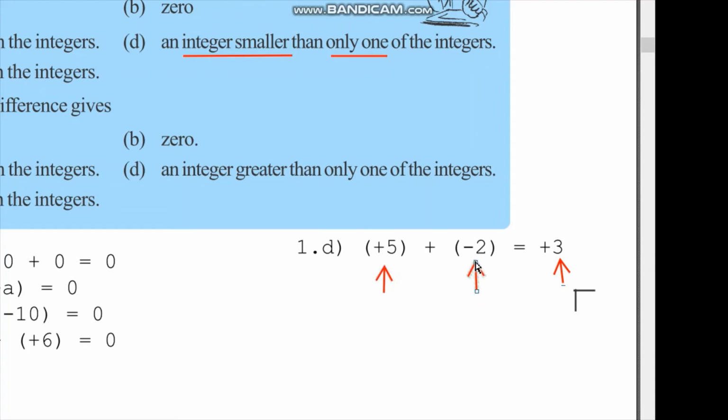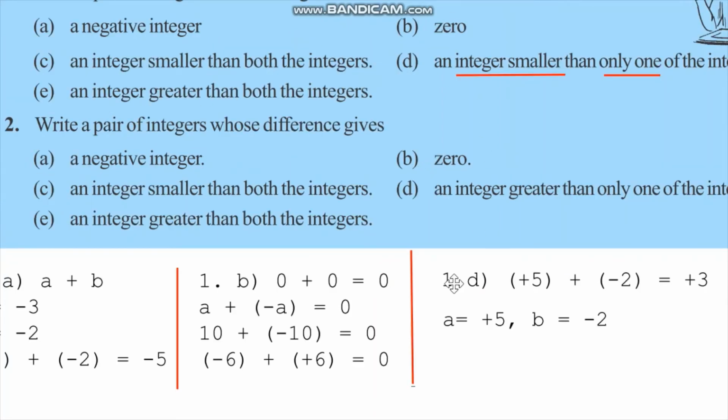Is plus 3 smaller than minus 2? Definitely not. Minus 2 is a negative integer and plus 3 is a positive integer. Therefore, plus 3 is greater than minus 2. So this is a correct example where the sum is an integer smaller than only one of the integers. So you can play around and get this result.